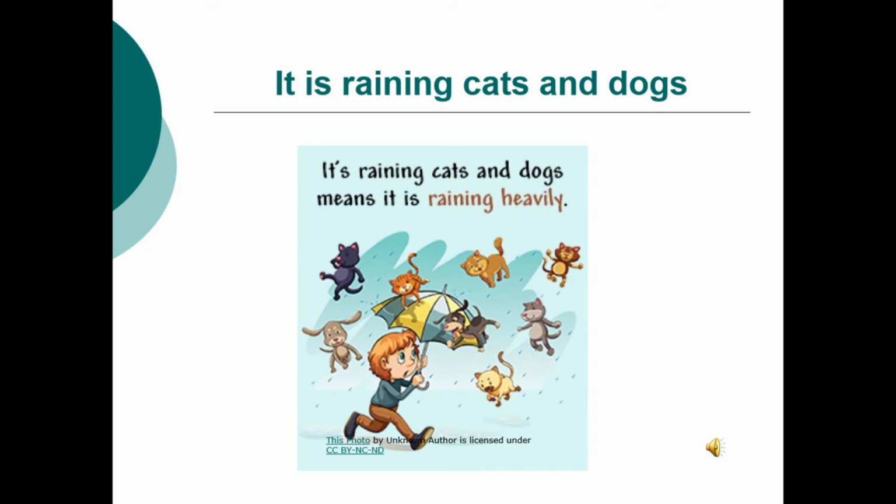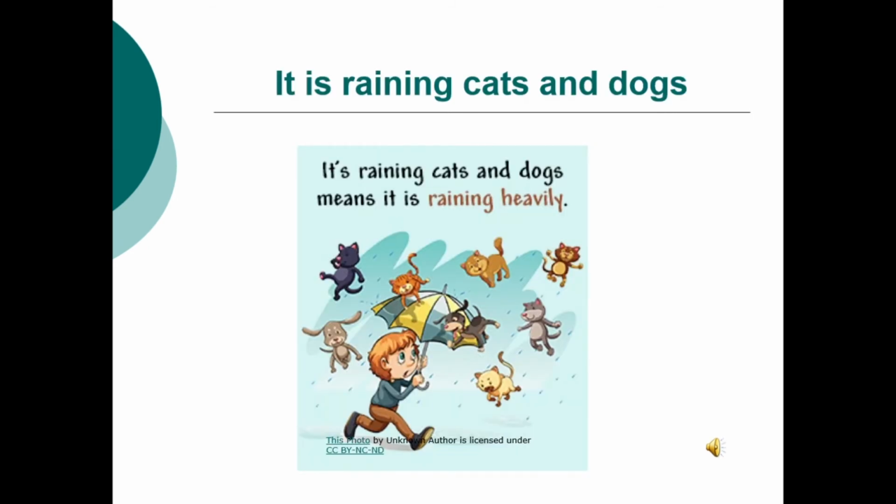It is raining cats and dogs. As we've said, it's not literal. It's figurative. So we don't mean cats and dogs are literally falling from the skies on us. No, it's figuratively.